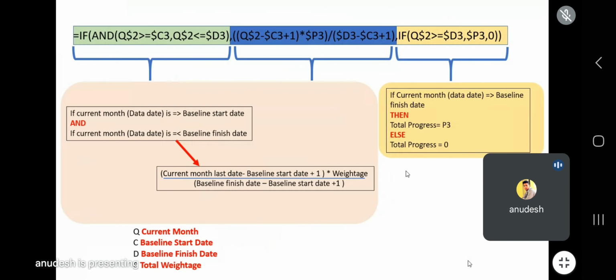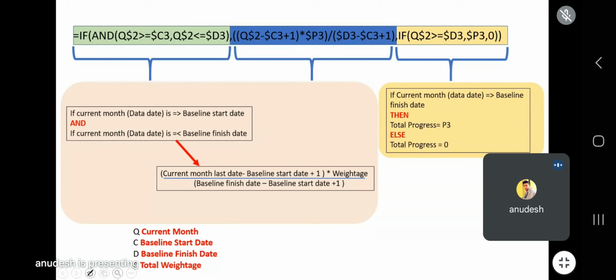Now come back and try to understand the formula. Again, this is the same formula. It has 3 conditions. First condition, where the activity is in progress, then how the progress will be measured. Second condition, when the activity is completed. And the third condition, where the activity is not started.